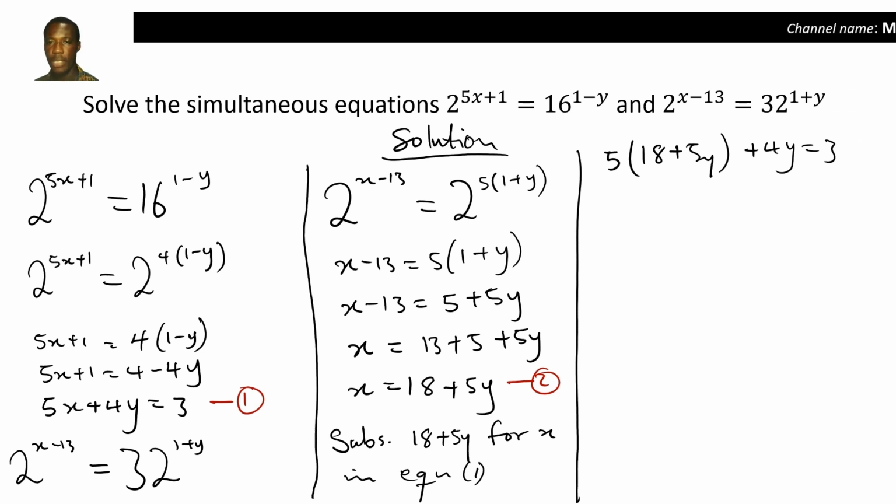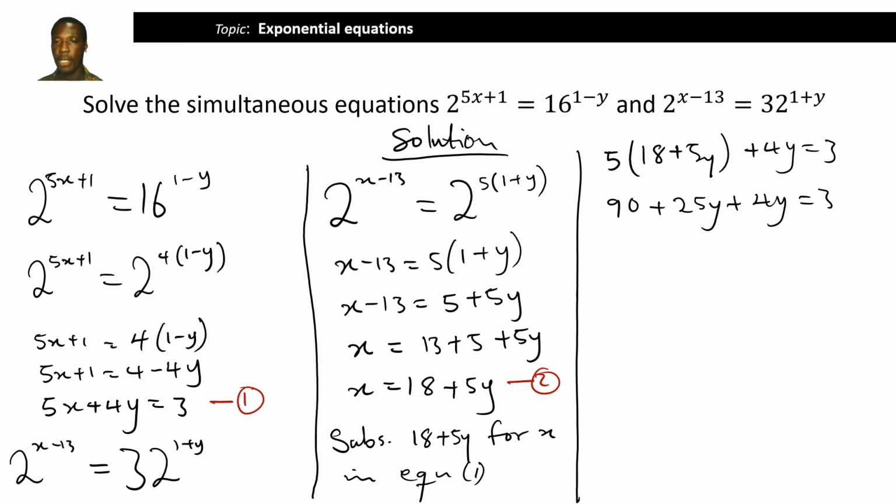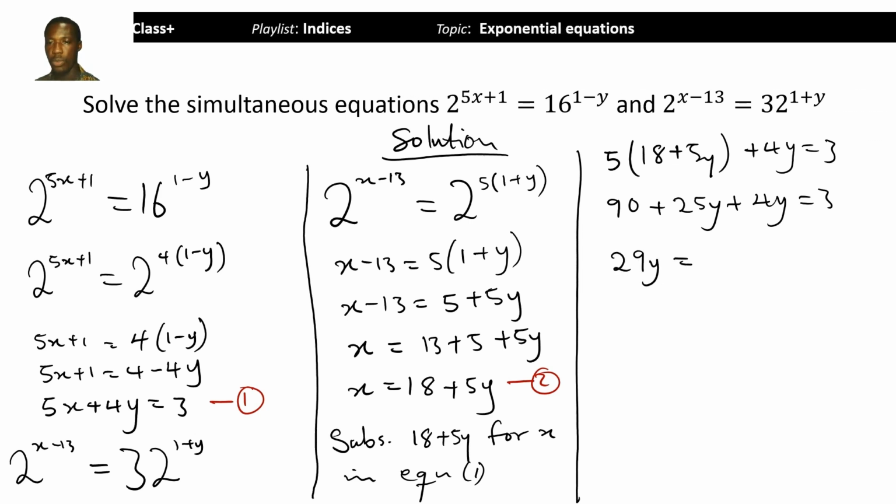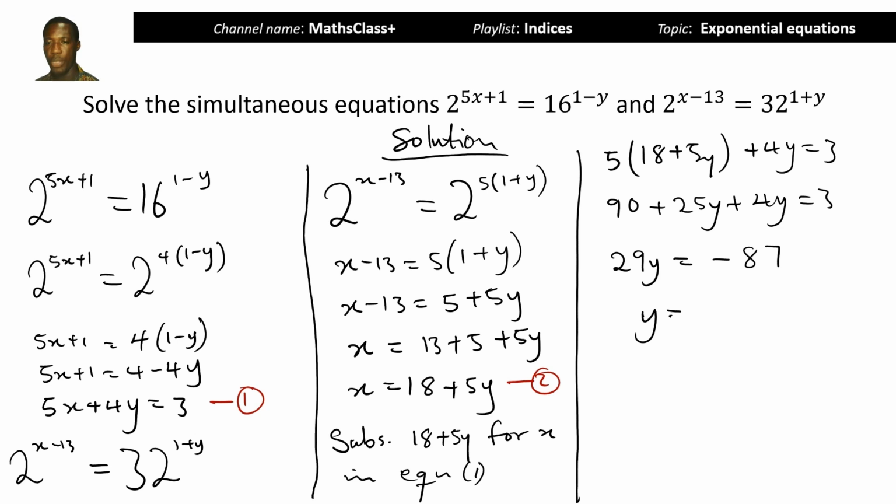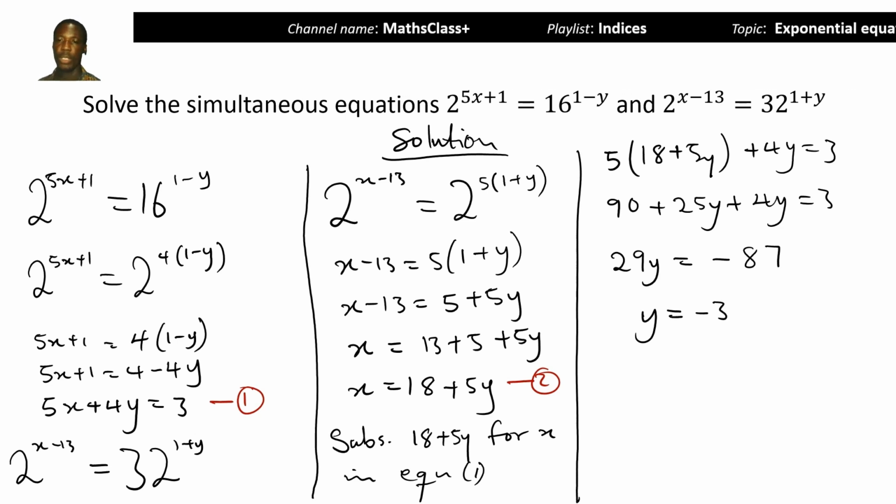So 5 times 18 will give me 90. 5 times 5, 25y plus 4y equals 3. So if I simplify and group, I'm going to have 29y is equal to minus 87. So I divide through by 29 and my y will be equal to negative 3.